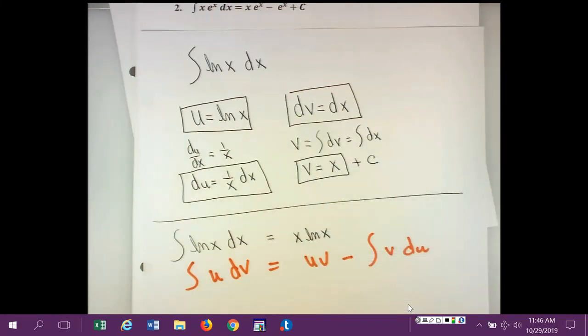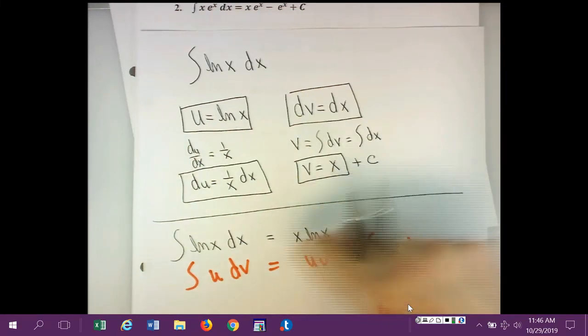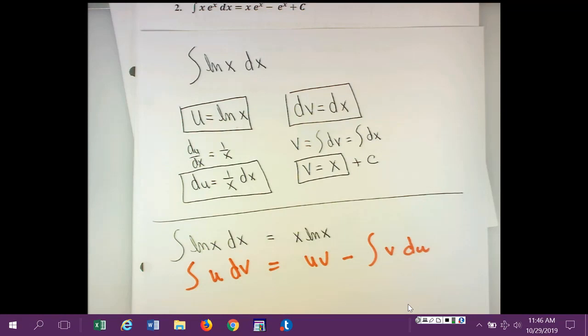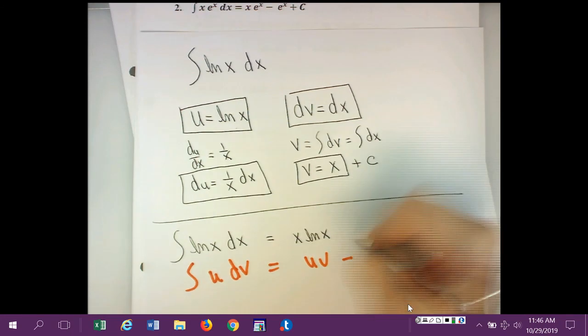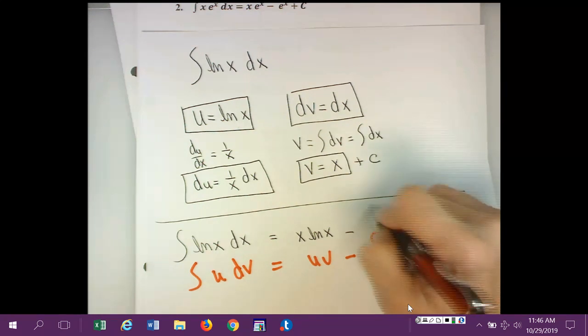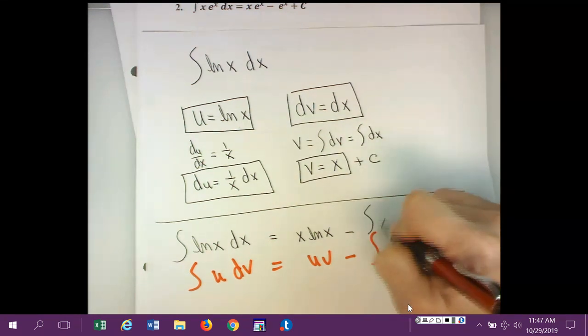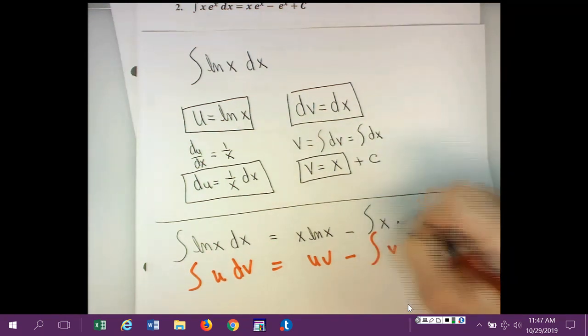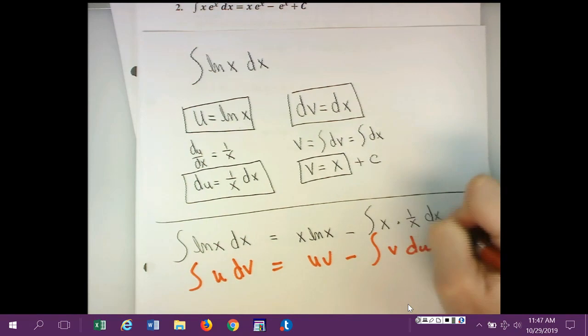But if you put natural log of x first, you will need parentheses around natural log of x times parentheses around your x. So I prefer to write it as v times u because multiplication is commutative, minus the antiderivative of v, which is x, times du, which is 1 over x dx.